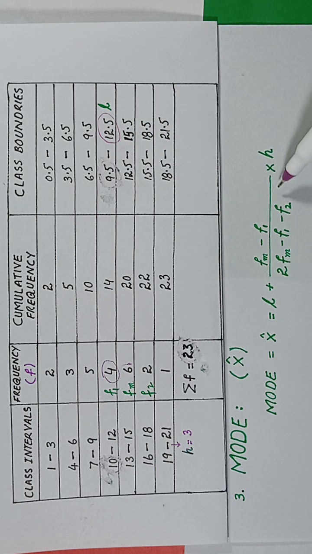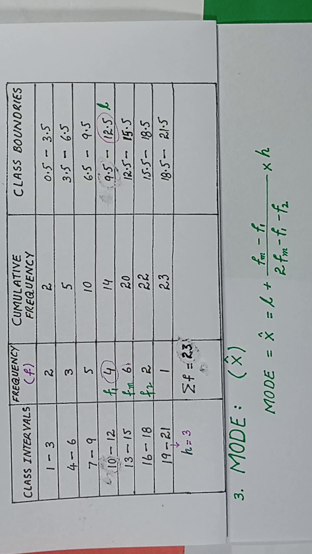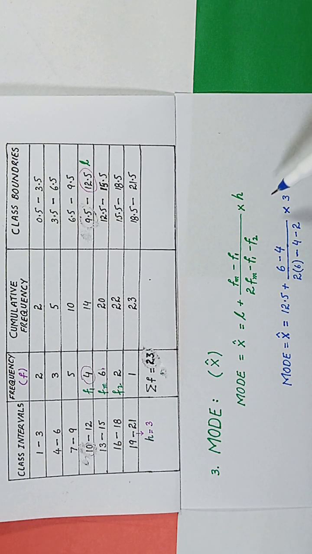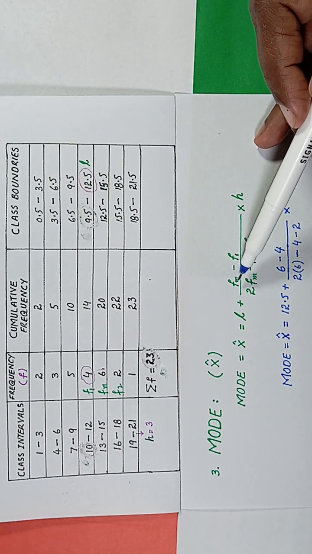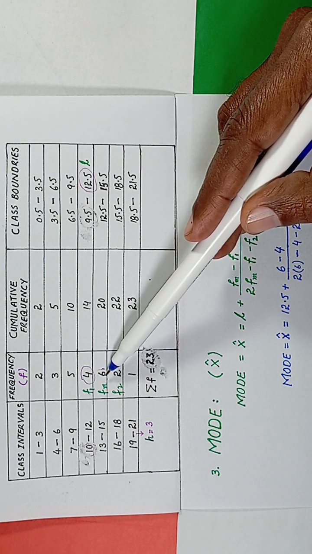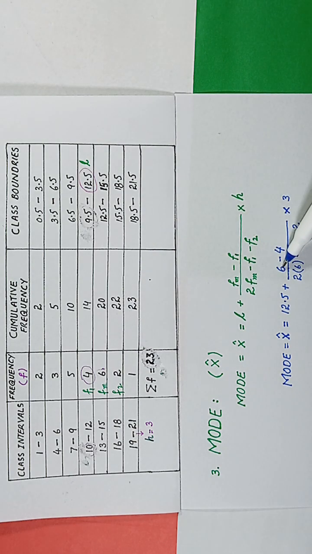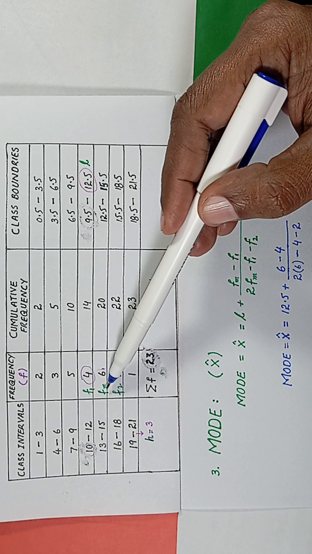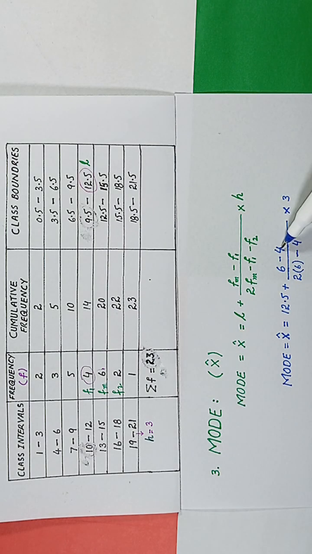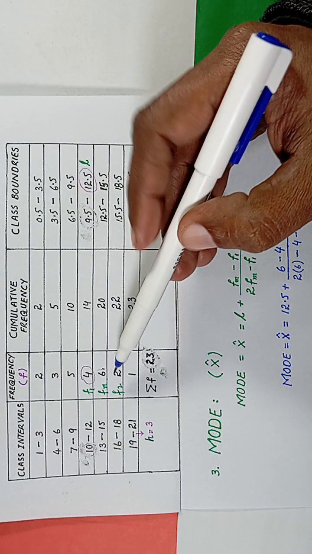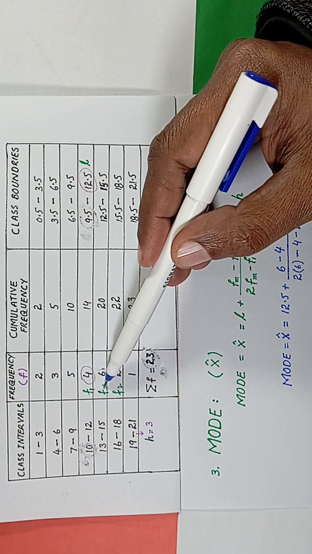So here we put the values in this equation to calculate the mode. L is 12.5, fm, the frequency of the mode class, is 6, f1, the frequency of the class above the mode class, is 4, 2 into fm, again 6, f1 is 4, and f2 is the frequency below the frequency of the mode class.